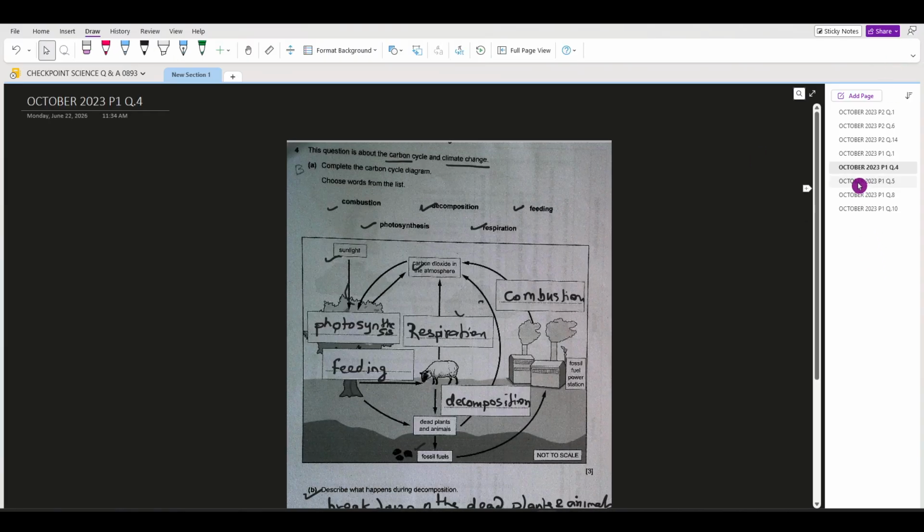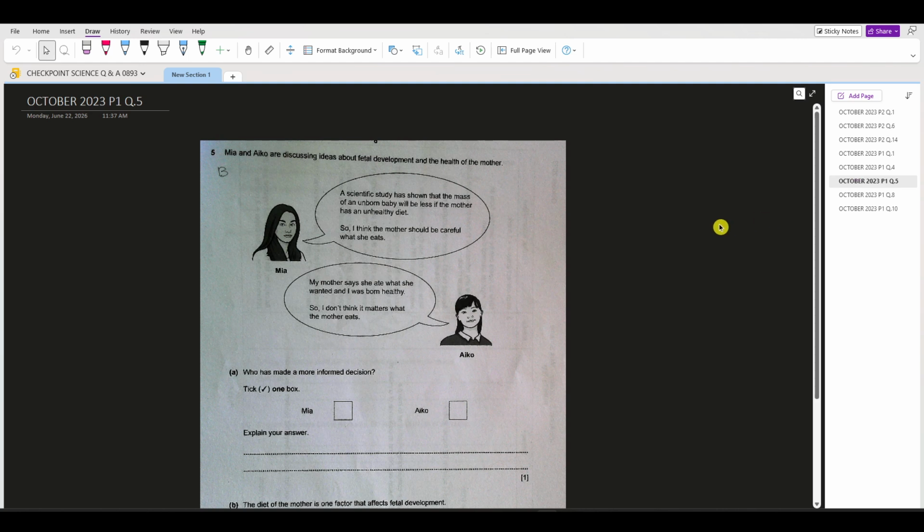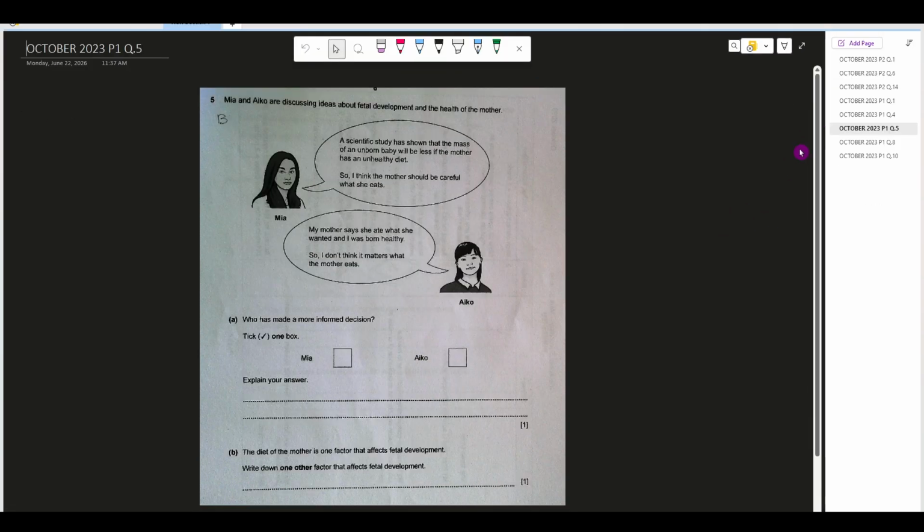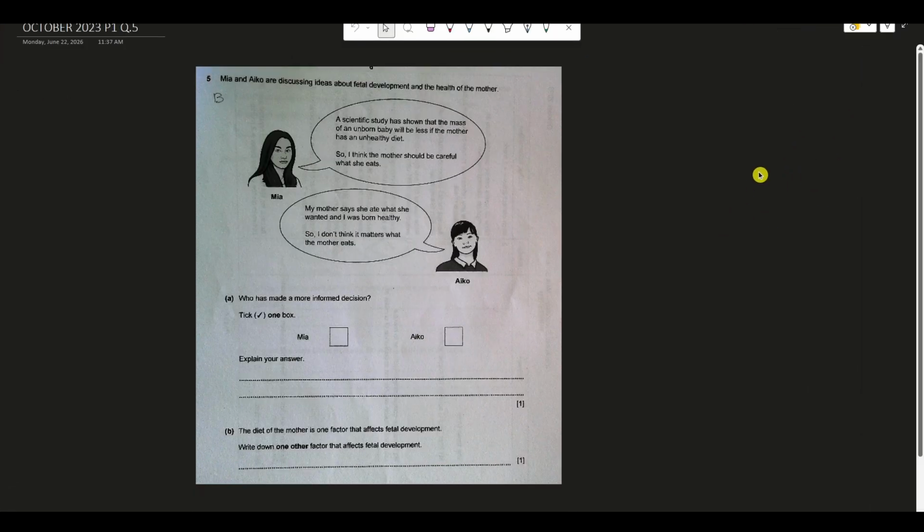Now this is question number 5. For question number 5, the question says that these are the two girls, one is Mia and one is Aiko.